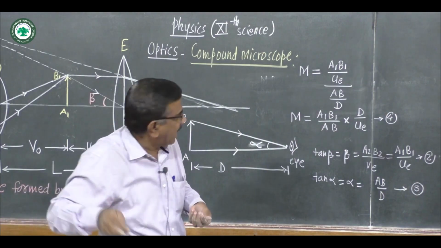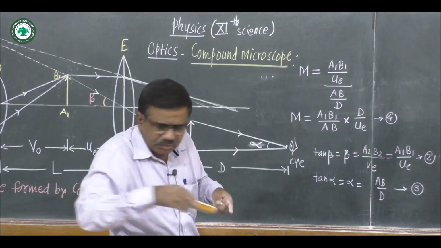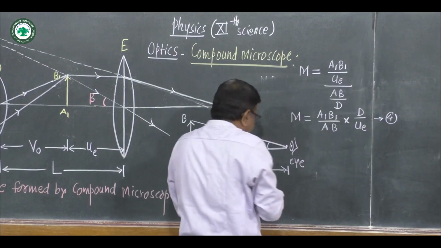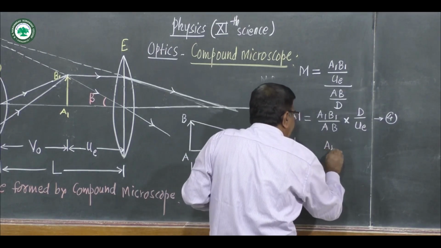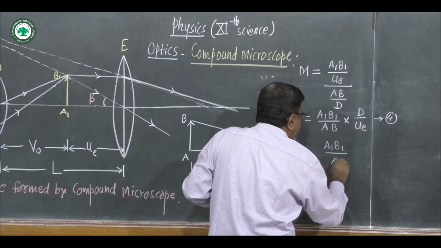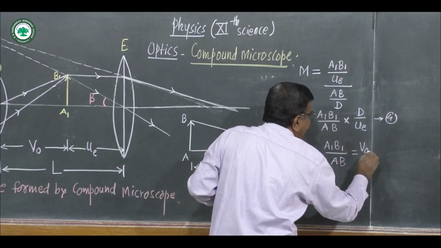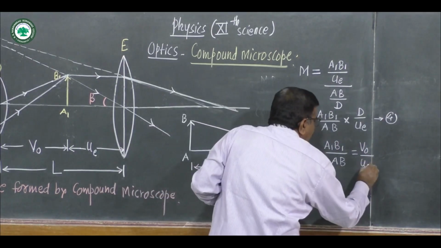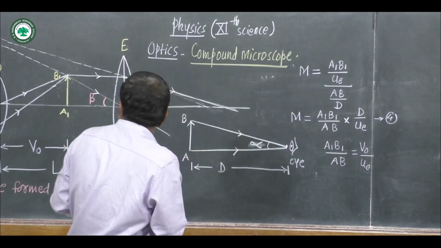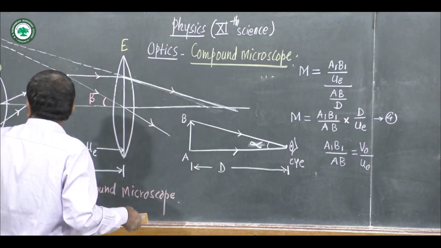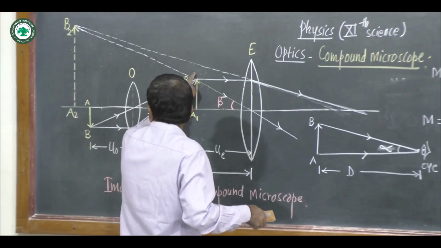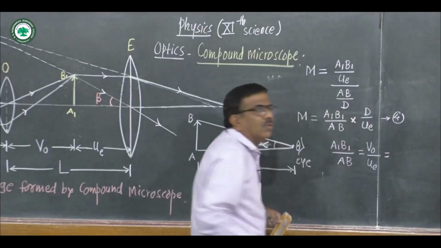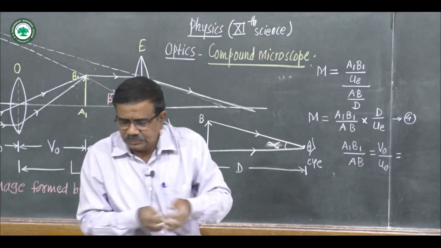But A1B1 upon AB is equal to VO upon UO, that is, VO, image distance for objective, upon object distance for objective, and that is MO.